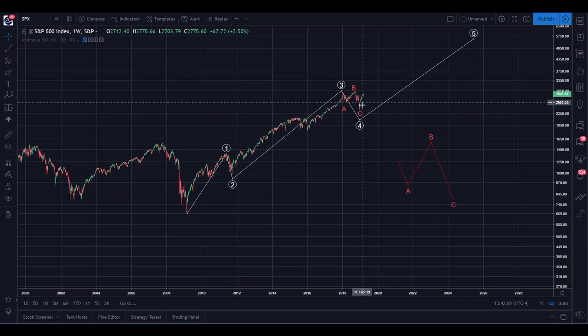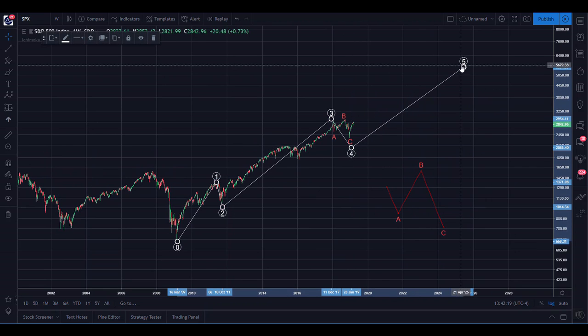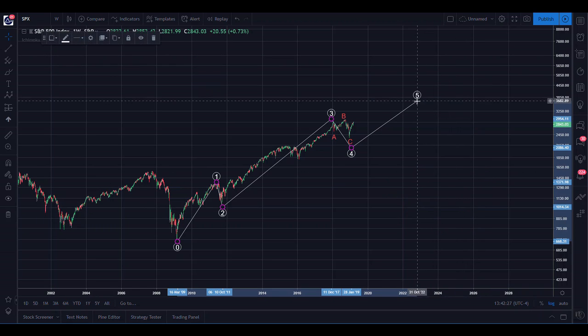And this ABC expanded flat is the subwave composition for this wave 4. And I'm going to project that wave 5 is going to be extended, most likely. If it does not extend, it's probably going to go to, let's say, I'm going to make 1 and 5 about equal.